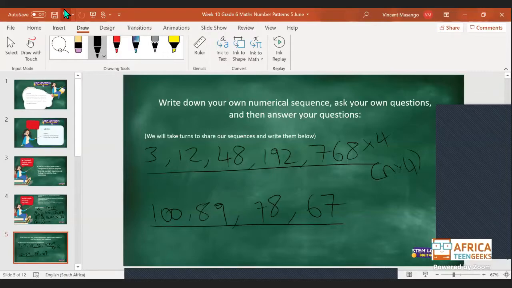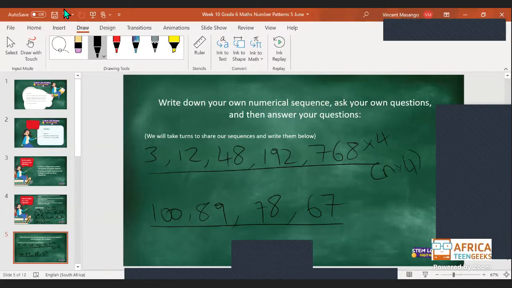We have got 100, 89, 78, 67. Firstly, what type of sequence is that? What is happening there? Let me know what is happening there, guys. Okay, it starts with the D. What type of sequence is it?